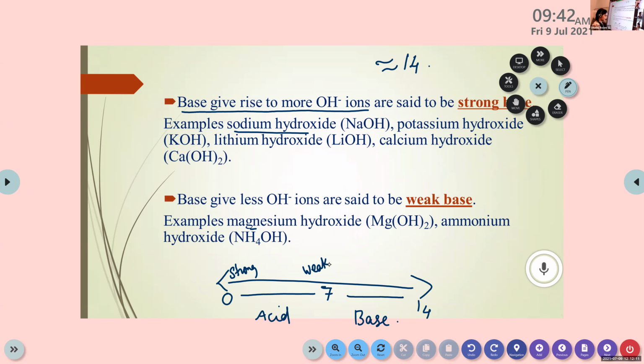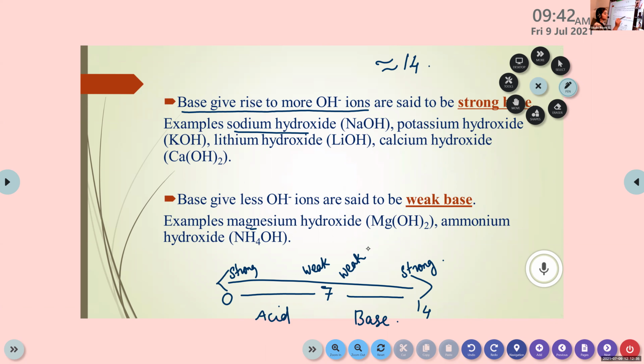In the case of base, approximately equal to 14 is strong base, and approximately equal to 7 is weak base. So acidic character increases while lowering the pH value, and the basic character increases with increase in pH value. That's it.